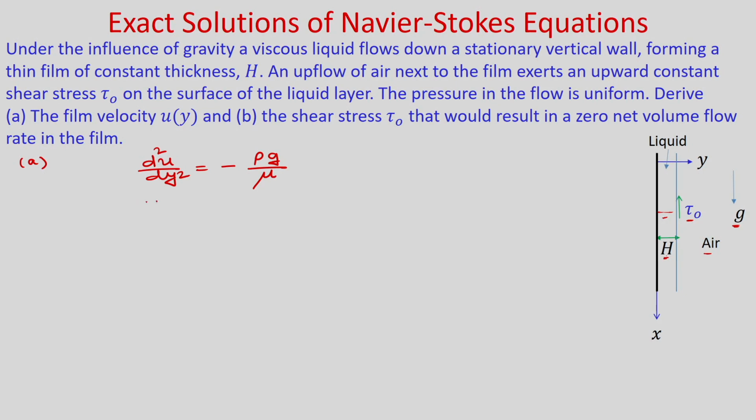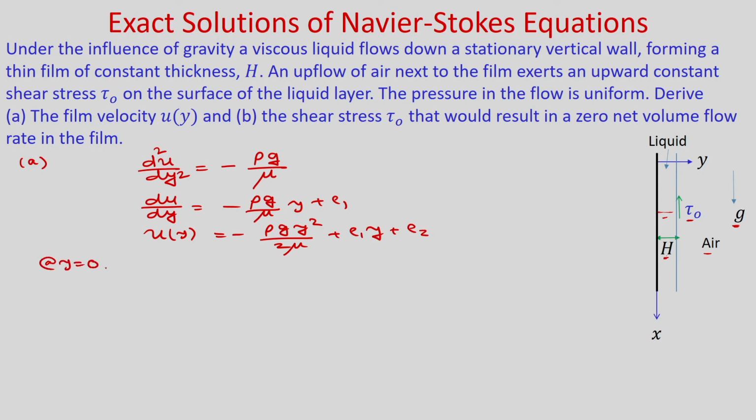So, du by dy you will get minus rho g by mu y plus C1, and u will be just minus rho g y square by twice mu plus C1 y plus C2. At y is equal to 0, these are the boundary conditions, u is equal to 0.